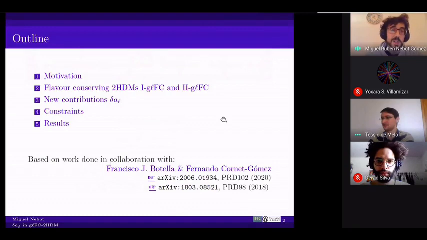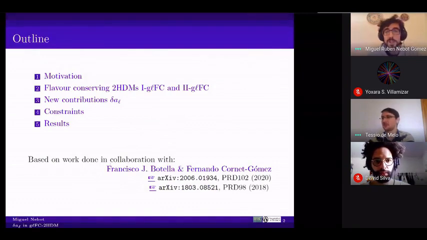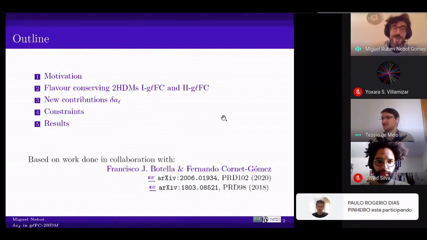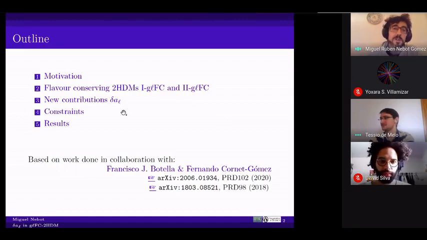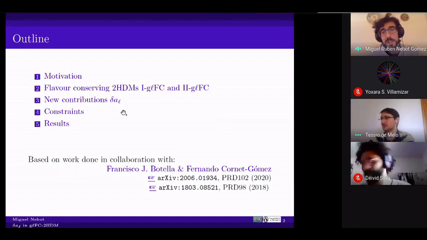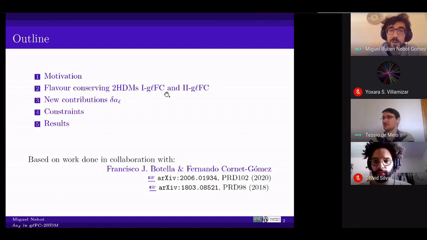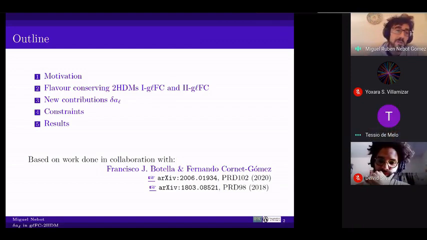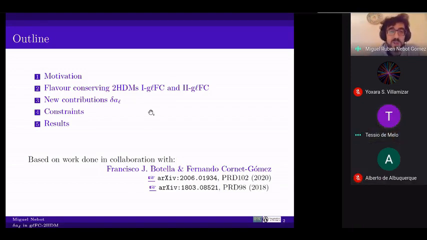So the outline of the talk is pretty simple. I will just briefly motivate why we are interested in this, if it needs some motivation. Then I will review a little bit of these Two Higgs Doublet models to focus in particular on what are the properties of the couple of interesting cases which we will be using to address those anomalies. I will discuss in some detail the contributions that these models have in order to explain those anomalies.